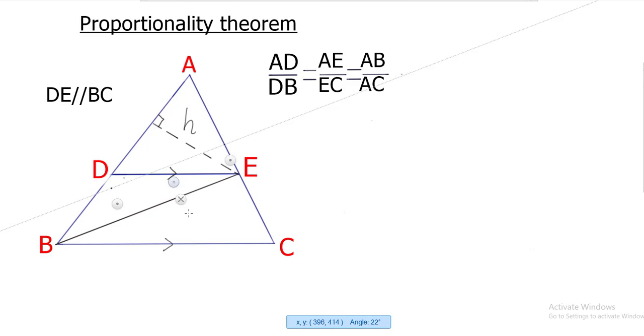There we go, there's a triangle ADE. So our height will be here. Alright, so this is our height.